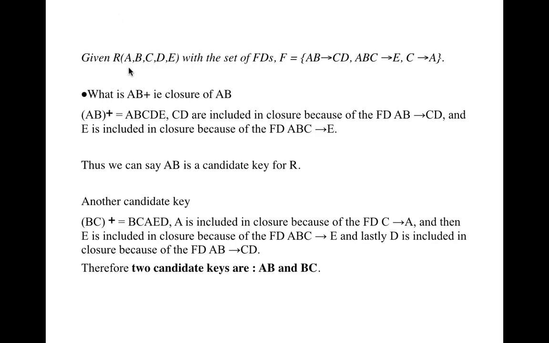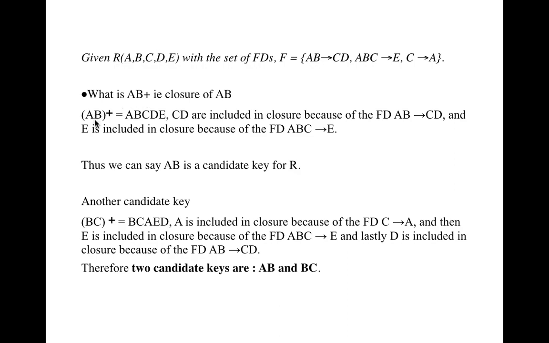Consider a relation given like A, B, C, D, E. It's a relation given. This A, B, C, D and E are the attributes. And there would be a set of functional dependencies that are given. It is given like AB gives CD, ABC gives E, and C gives A. So we need to find AB closure. Let's find what is AB closure.